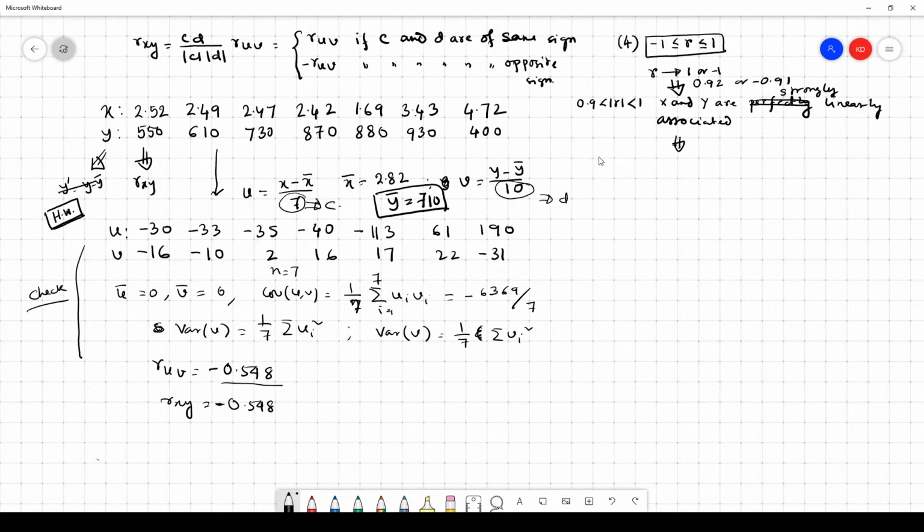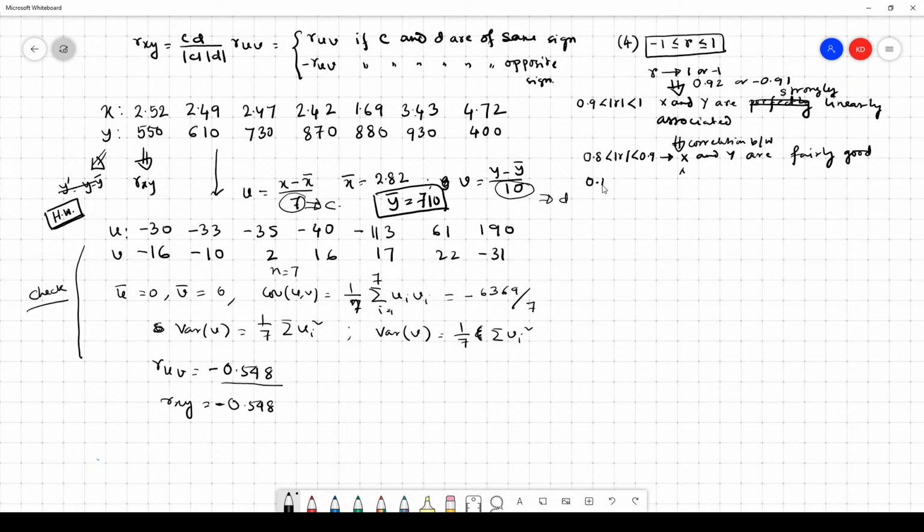If it lies between 0.8 and 0.9, this means the correlation between X and Y is fairly good.